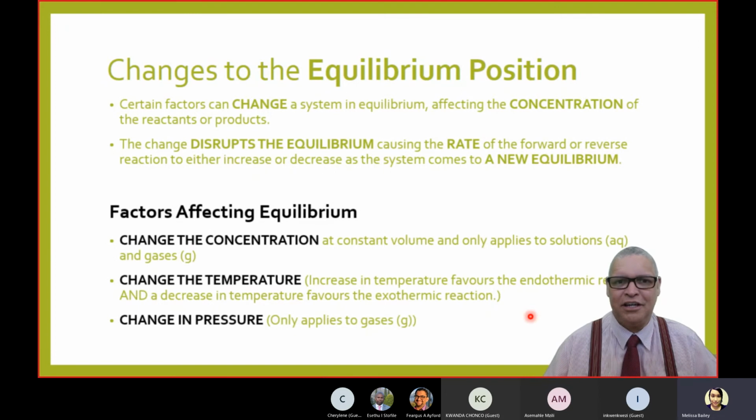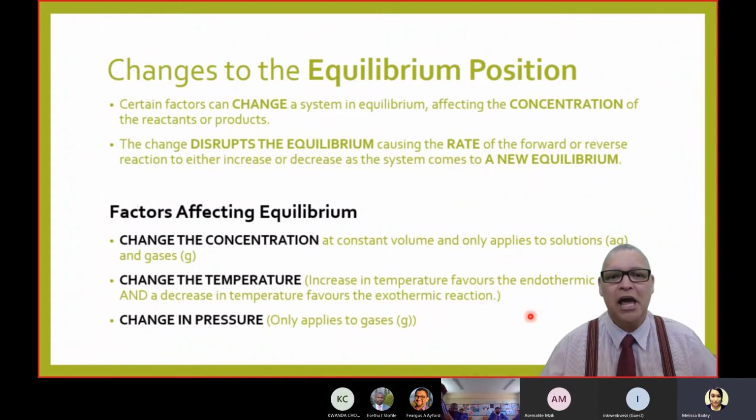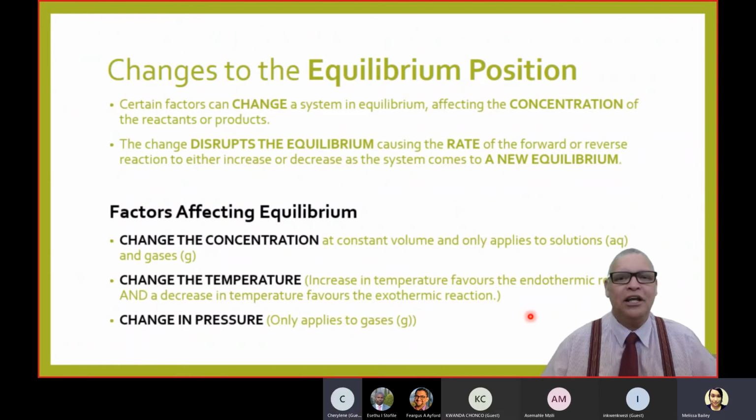What is the third factor that affects equilibrium? You guessed it. I could hear you actually saying it. The pressure. Well done. And pressure only applies to compounds in the gaseous phase, or to gases, one can say. So have you got those 3 main points? Factors that affect equilibrium position.